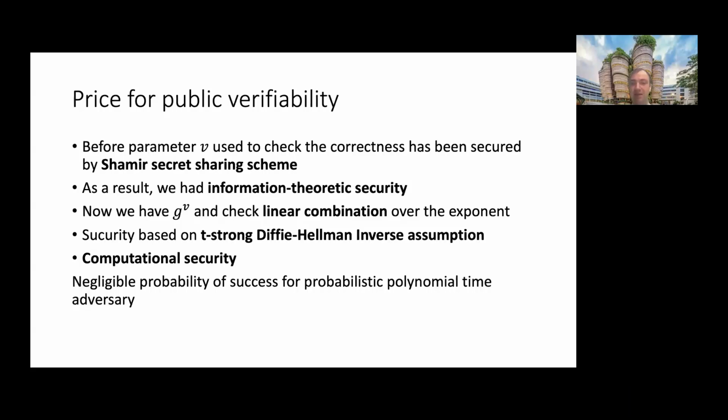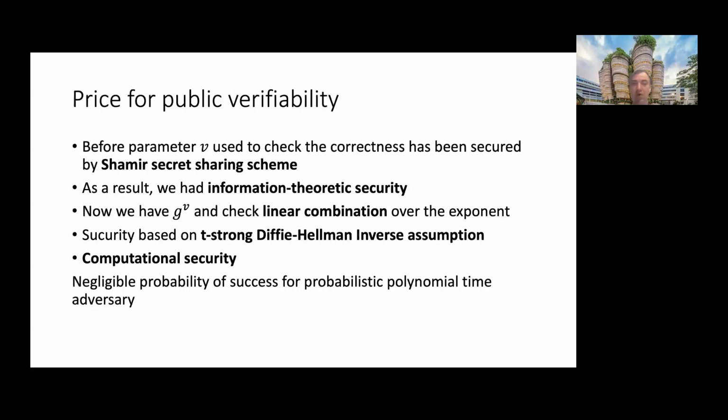As a result, we had information theoretical security. Now we have g in power v, and we check a linear combination over the exponent. And security here is based on the t-strong Diffie-Hellman inverse assumption, and as a result we have only computational security.